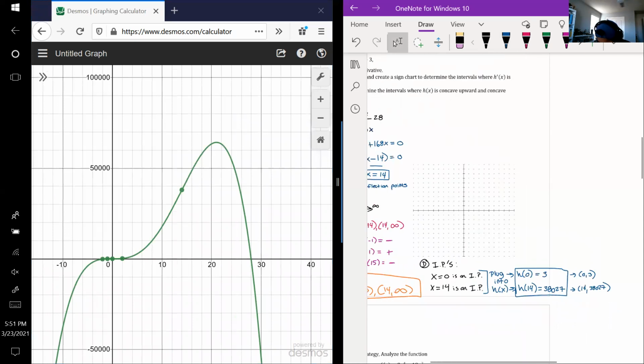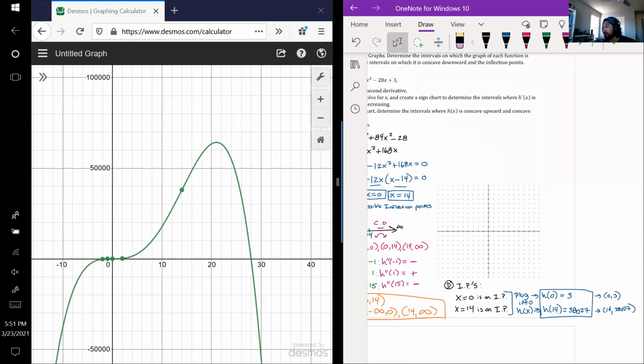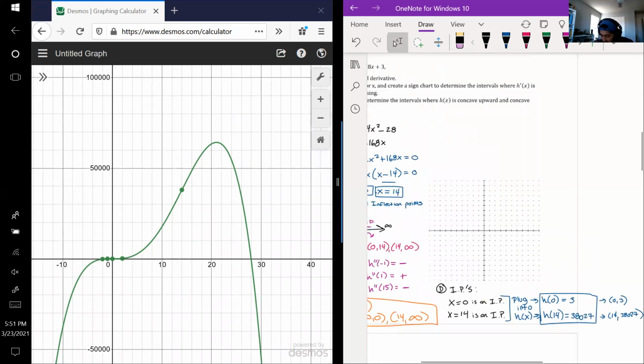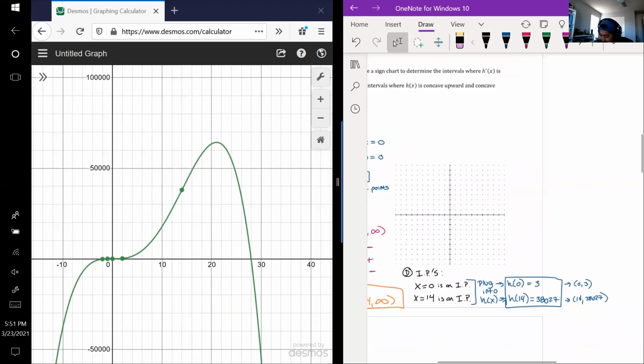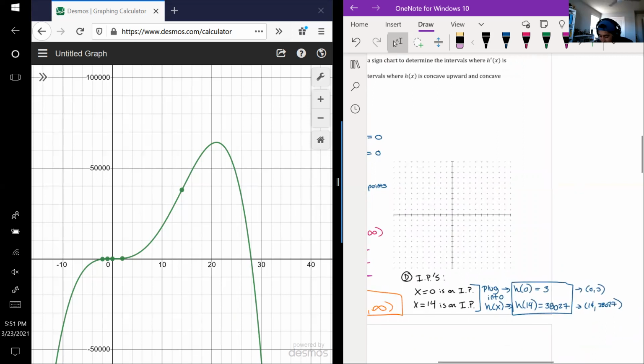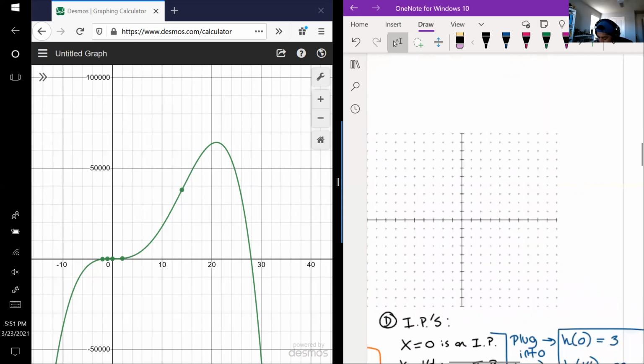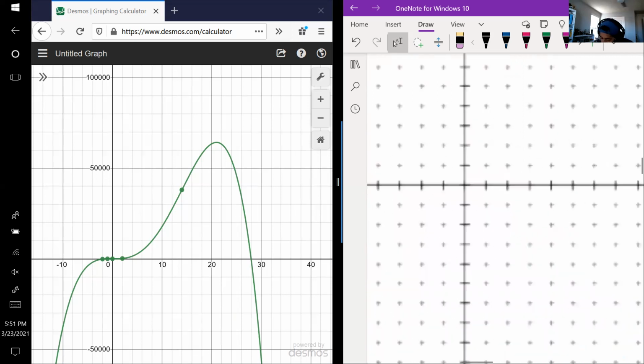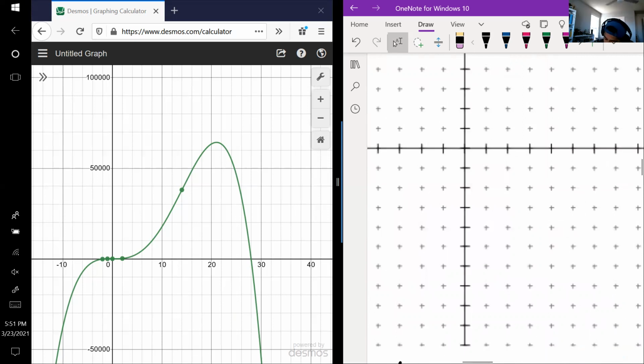So I'm going to graph this just by plotting the points of inflection and using my sign chart. So I have (0, 3) and (14, 38,000). Oh boy. So this would be 0.